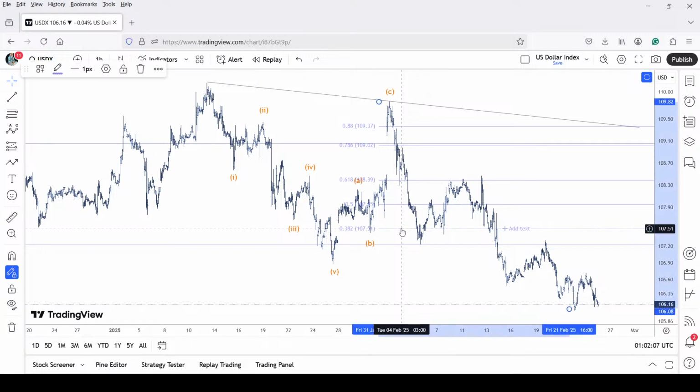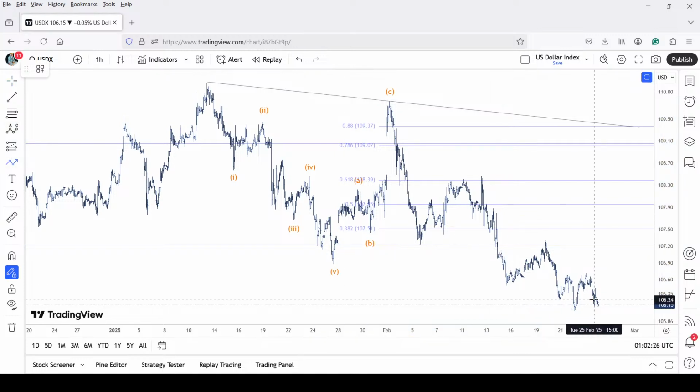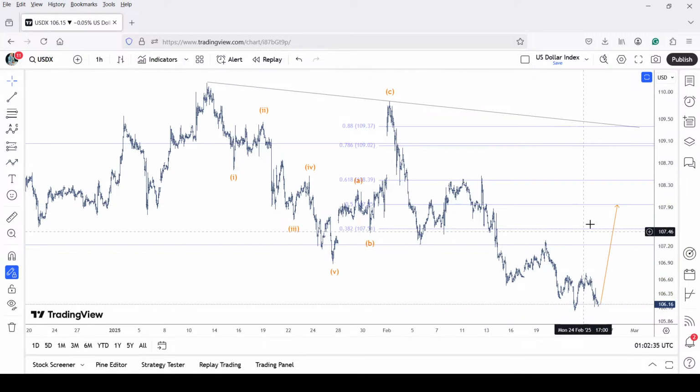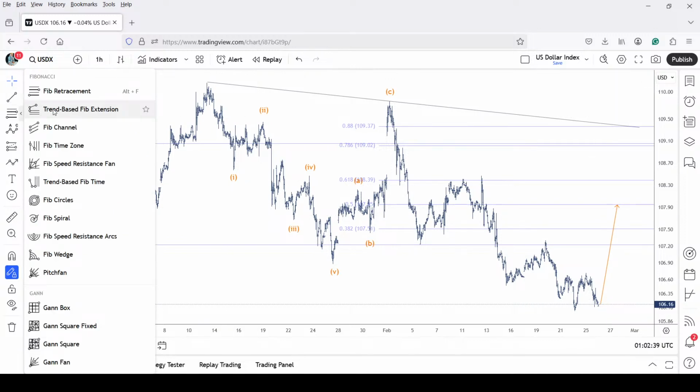So now the probable wave structure is not going to be like it could not be. Impulse is clear, correction is also clear, and now what we were expecting as a combination WXY may not turn out, but I think something like a corrective ABC might complete. But don't forget the session high. It's quite possible around 107.90.